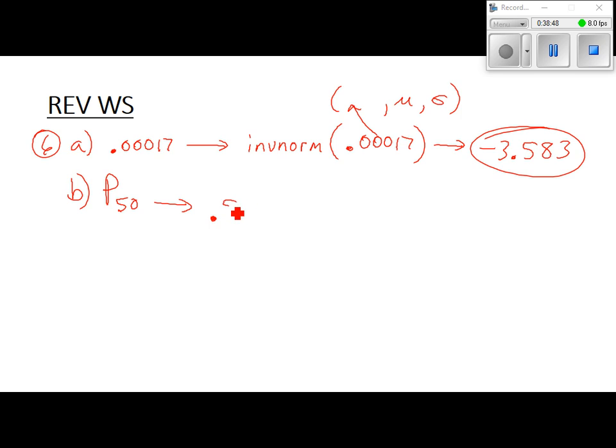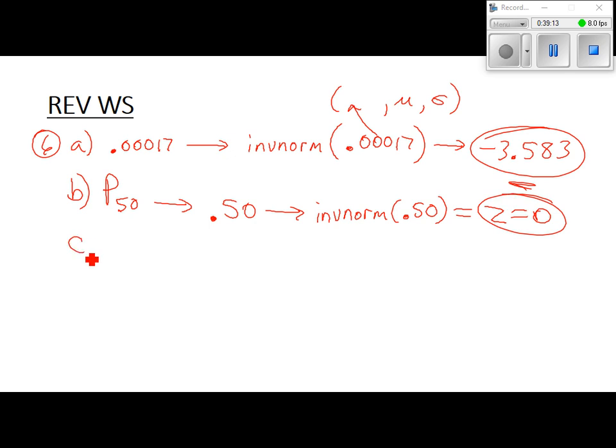So 0.50, and then we could just put in inverse norm, 0.50, and it should tell us that our z-score is 0.